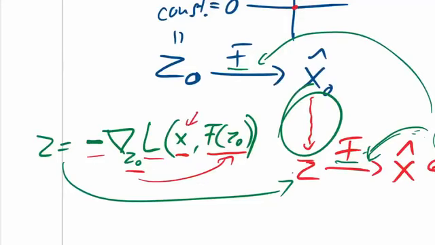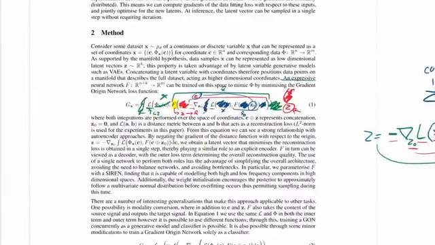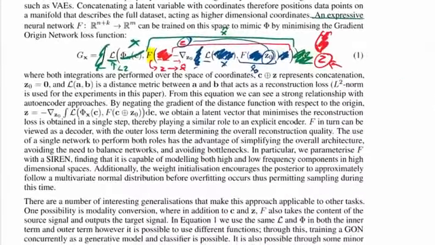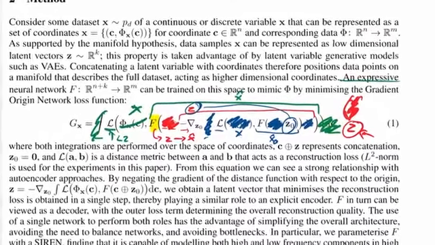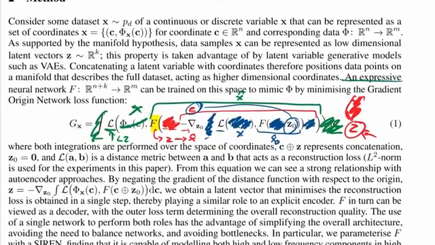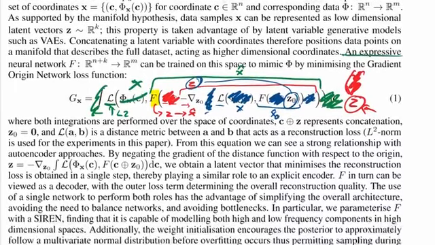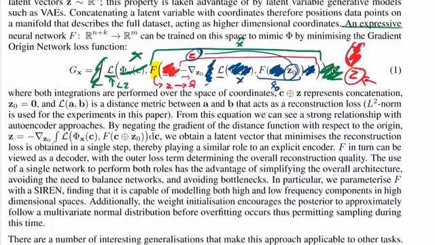And in the paper, here is where I kind of disagree, because in the paper they say that this, in a single step, gives you the correct z or something like this, and I don't agree.